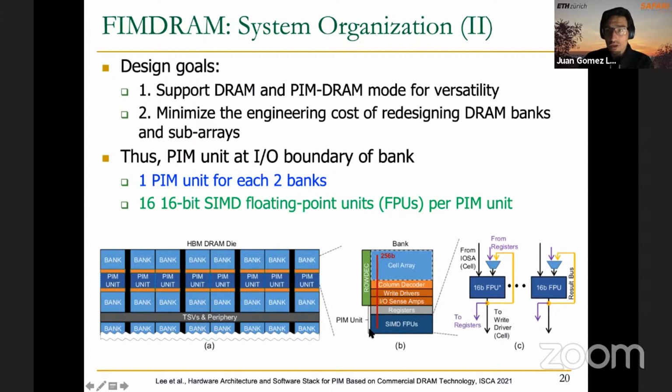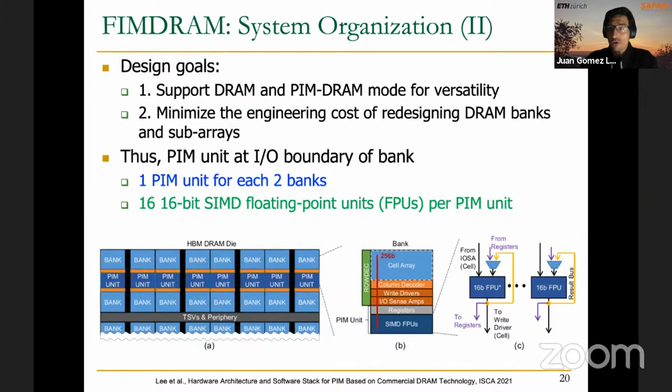The fact that we are using SIMD FPUs here is also one difference with the UPMEM PIM architecture, which, as you may remember, uses a single-thread, in-order processing element, an in-order core that is multi-threaded, but it allows the concurrent execution of threads in time by issuing instructions from different threads onto the pipeline.